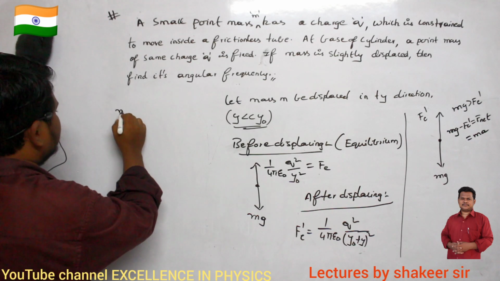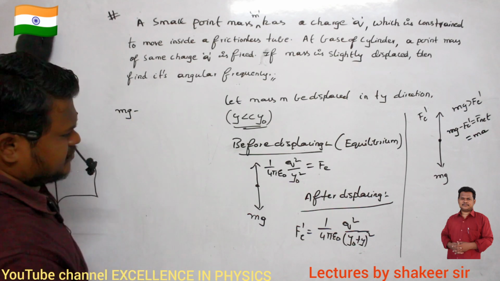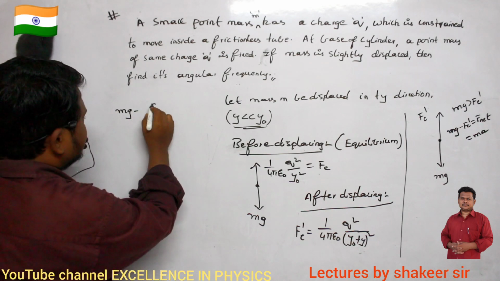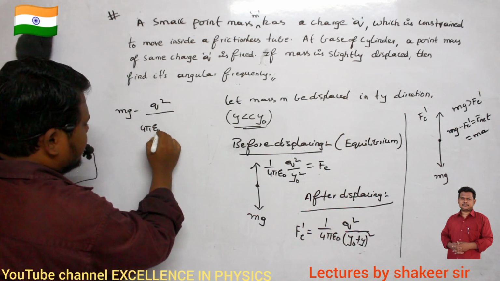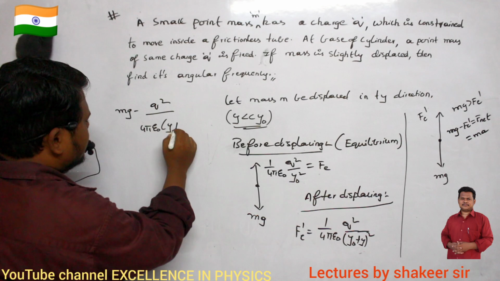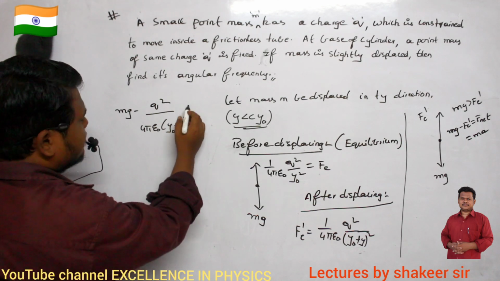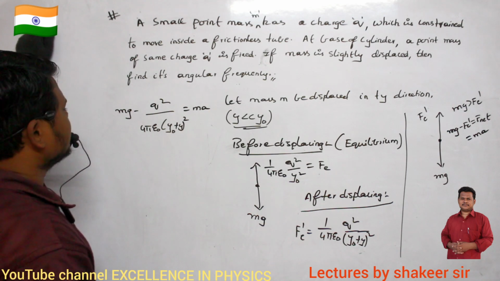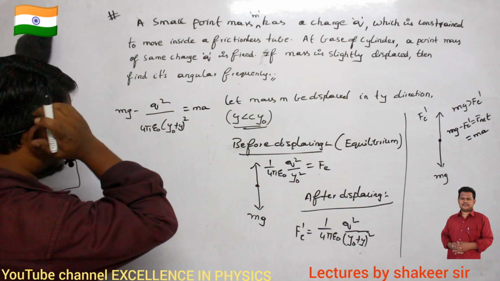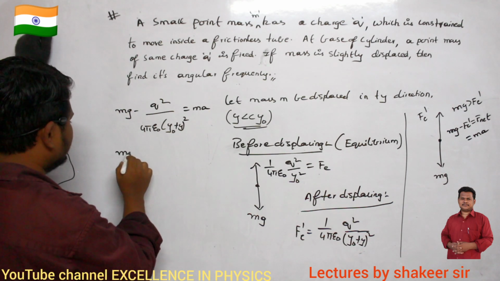So mg minus Fe dash. Fe dash is how much? It is q square divided by 4 pi epsilon naught into (y naught plus y) whole square. This is equal to mass into acceleration. That's all, no? Now for simplification I will do one thing.